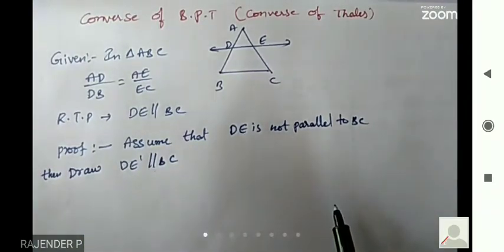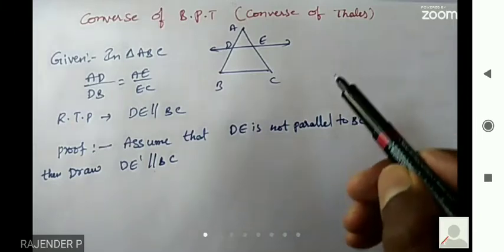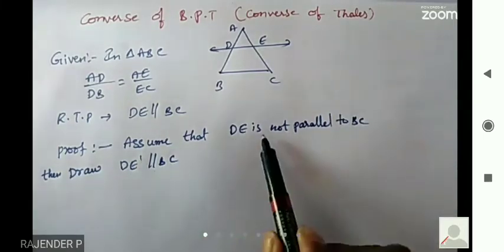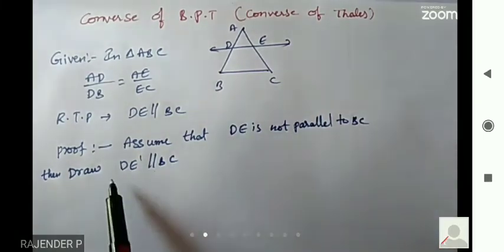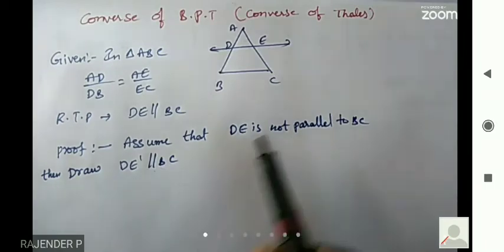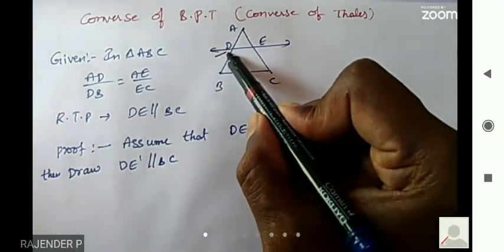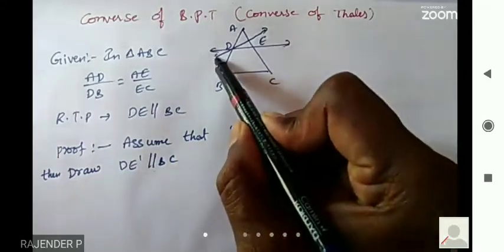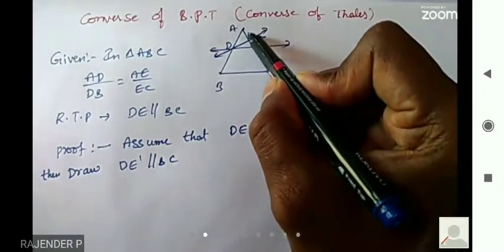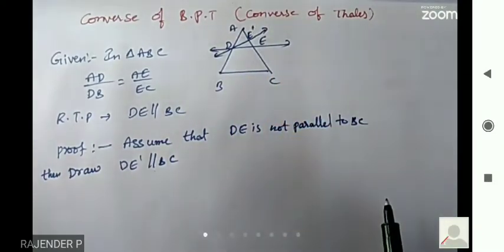We are taking one more line which is parallel to BC. We assume that DE is not parallel to BC, then draw DE dash parallel to BC, like this. This is the construction: DE dash parallel to BC.